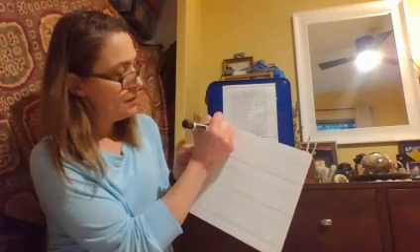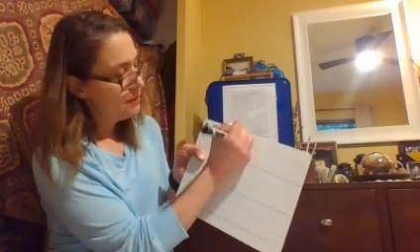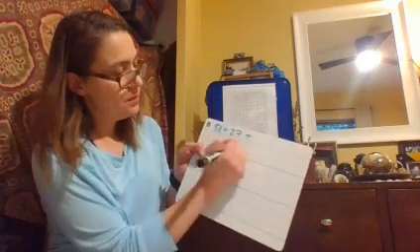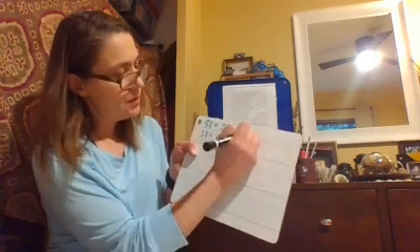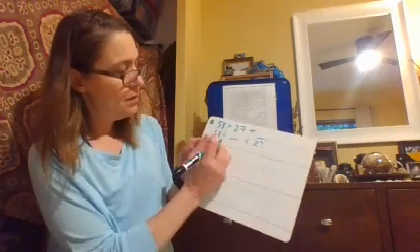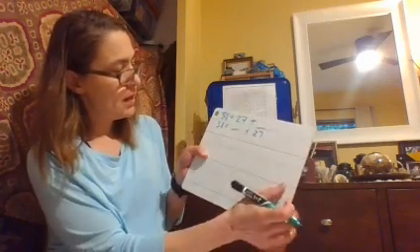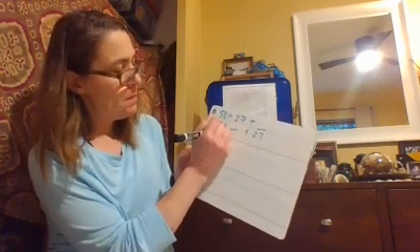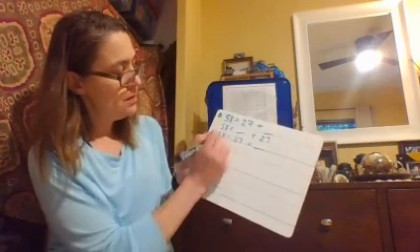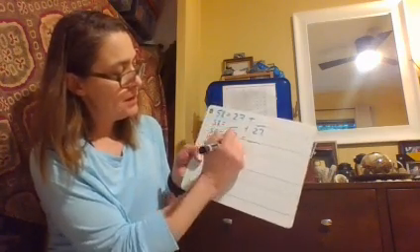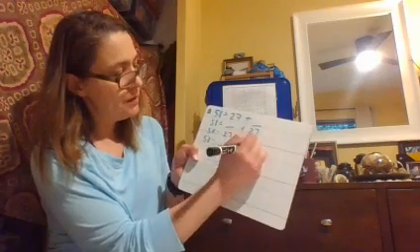When you're thinking about making this a fact family, you would have 58 equals 27 plus the unknown. 58 equals unknown plus the 27. Okay, 58 minus 27 equals the unknown. 58 minus the unknown equals 27.